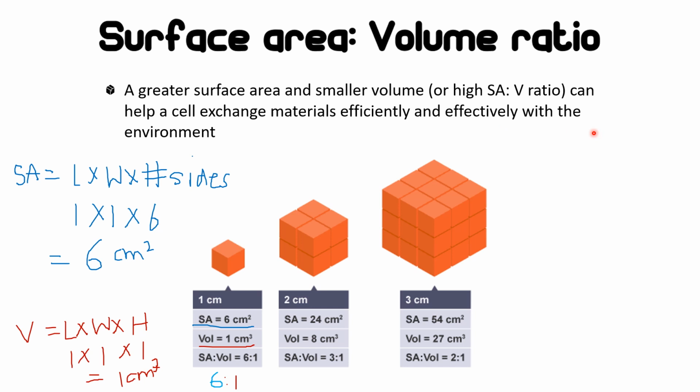So when we have a much larger surface area compared to the volume, it will allow cells to take in nutrients relatively fast and efficiently, as well as excrete wastes relatively fast and efficiently. If we've got a really big cell, it's going to take much longer for nutrients to get in, as well as waste to get out.